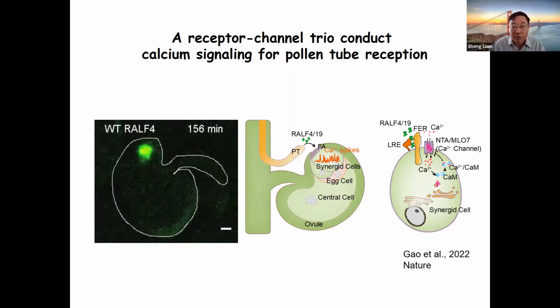In response to LURE, and in the mutants lacking these receptors or channels, this heartbeat basically either stops or is dramatically reduced.